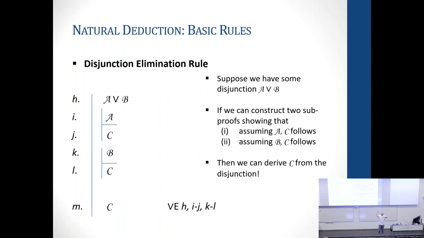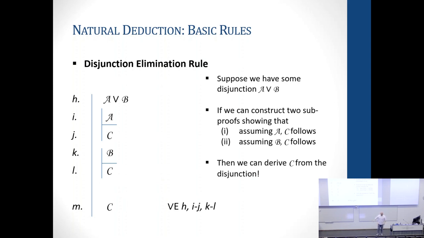So it doesn't matter if the disjunction is true because A entails C. It doesn't matter if the disjunction is true because B entails C. If they're both true, cool, you're really getting to C. Right? So what we need is, again, a disjunction that we eliminate, 2 subproofs from either disjunct that take us to the same place, and then we get that result.